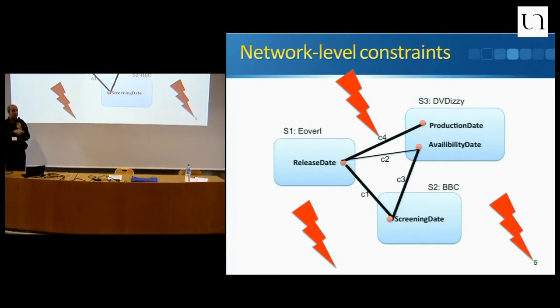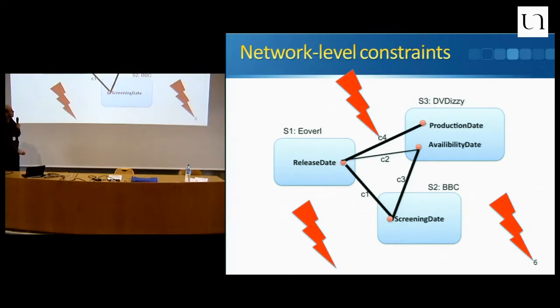Circle means that we have a circle in the interaction. These three schemas are meshed in a pairwise manner, and the correspondences which are proposed or which arise form a circle which is not closed. We call this a network level constraint, and in this work we assume two constraints of this type.